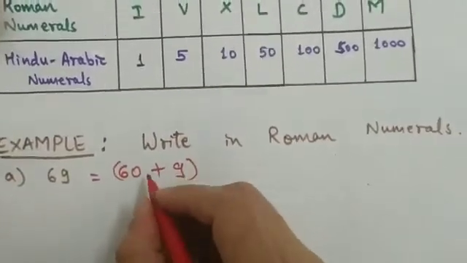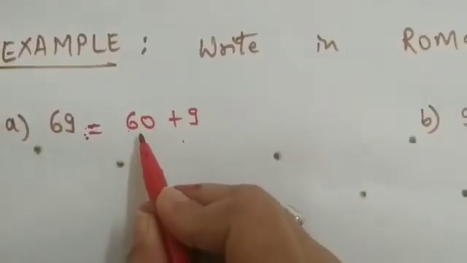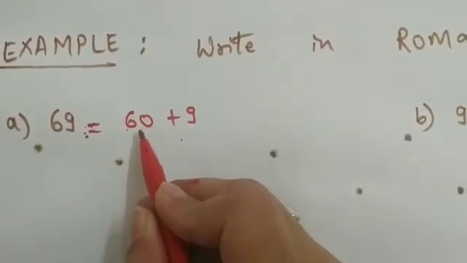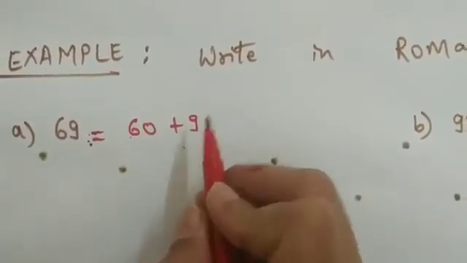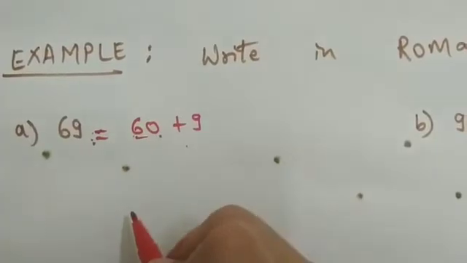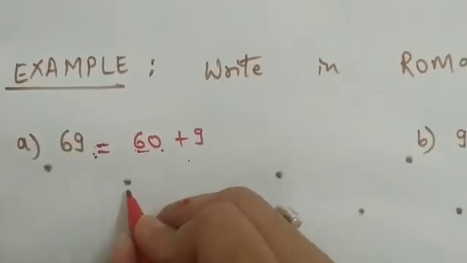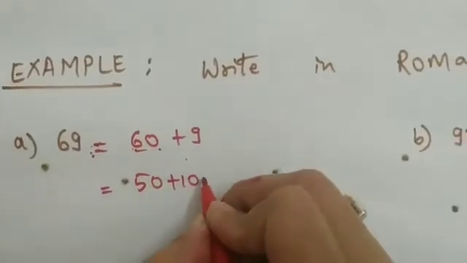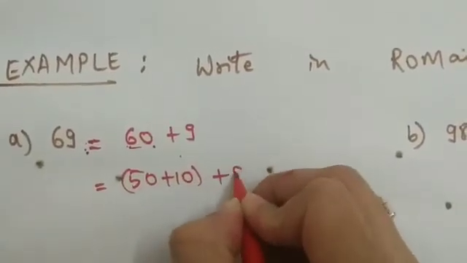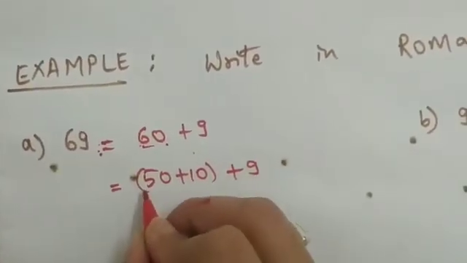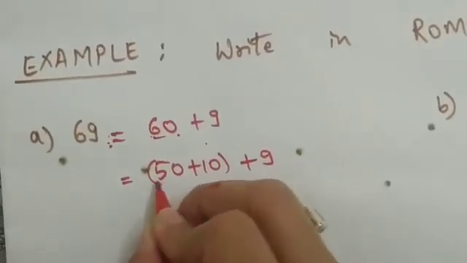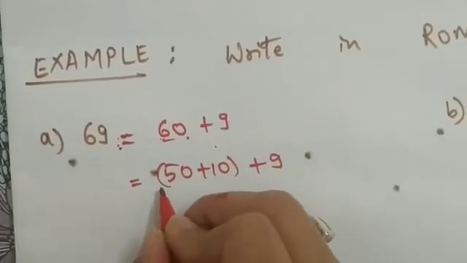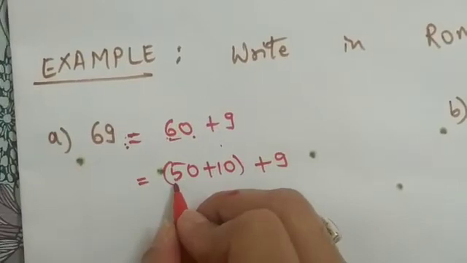Okay, so is there any symbol for 60? No, but there is a symbol for 9. So what about 60? We know that 60 can be written as 50 plus 10, plus 9 as it is.